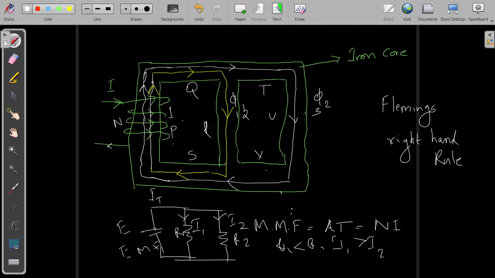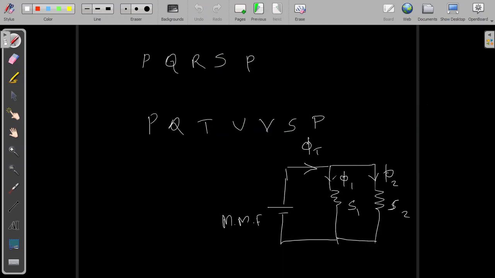So this is figure 1, and this circuit is figure 2. If you observe, these are analogous circuits. I will draw once again.